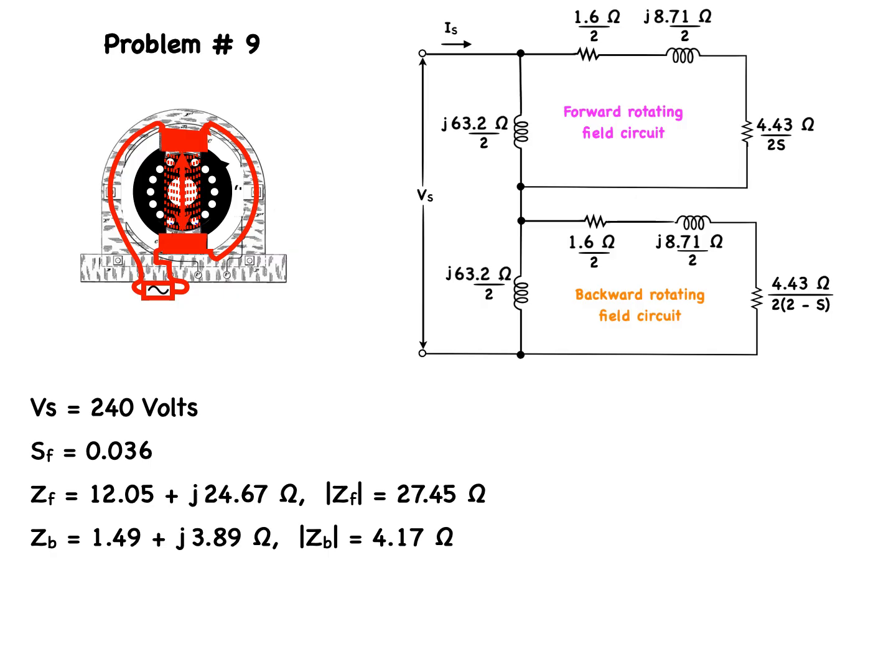equal to 4.17 ohms. The total motor impedance, ZT, as seen by the applied voltage, is equal to 13.54 plus j28.56 ohms, and has a magnitude of 31.61 ohms.